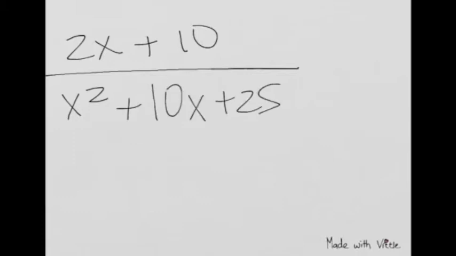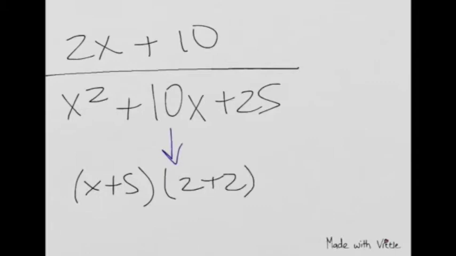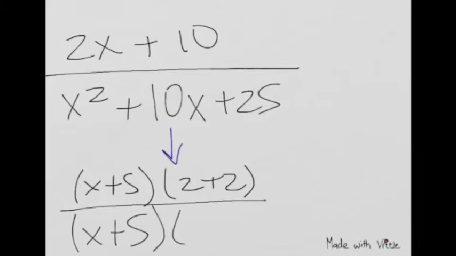Next, 2x plus 10 over x squared plus 10x plus 25. And so this is one that you're going to have to factor out. So 2x plus 10 becomes 2 times x plus 5, over x plus 5 and x plus 5.